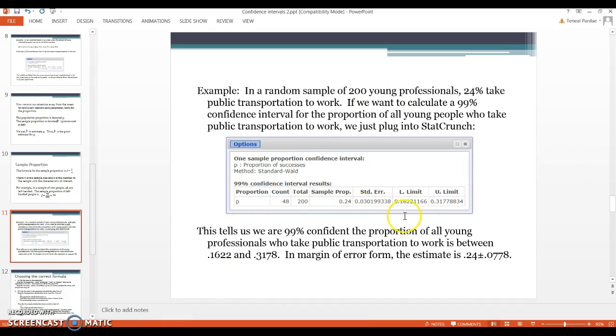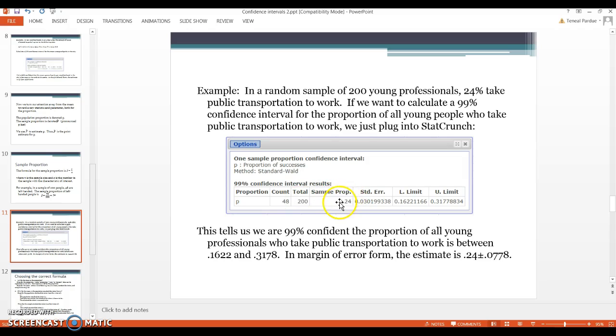And we get a lower limit of this and upper limit of this. So we're 99% confident that the proportion of all young professionals who take public transportation to work is between those two values. If we wrote that as a margin of error, it's going to be 0.24. We always want to write that as a proportion, so even if they just give it to you as x out of n, we want to write it as the sample proportion.